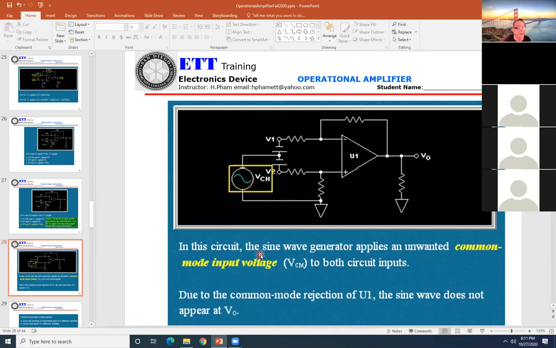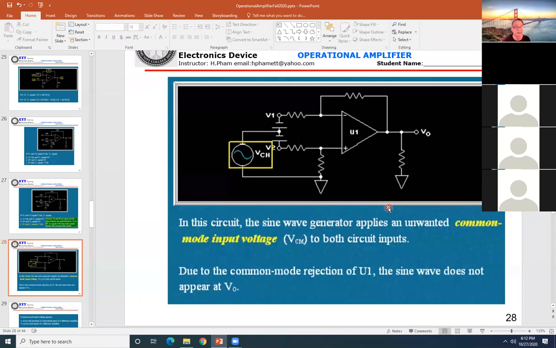In this circuit, the sideways generator applies an unwanted common mode input voltage to both circuitry inputs. Due to the common mode rejection of E1, sideways does not appear at the output. The thing is, both inputs will be the same, so the output will be cancelled out. That's what they're talking about: common mode rejection ratio.